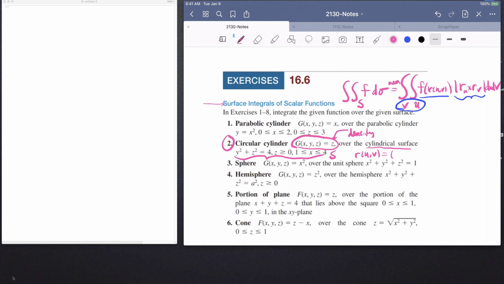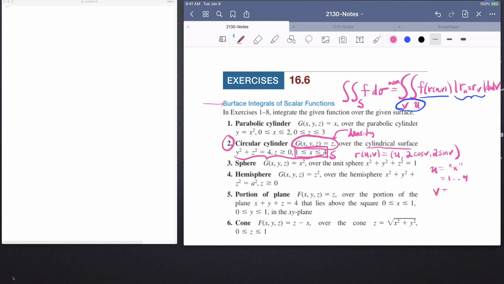So this tells me that we need to let one of the variables be x, because x is going from 1 to 4. We need a circle of a certain radius, 2 in this case, and that circle needs to be in the YZ plane. So here are two parameters. U is the x variable, going from 1 up to 4.